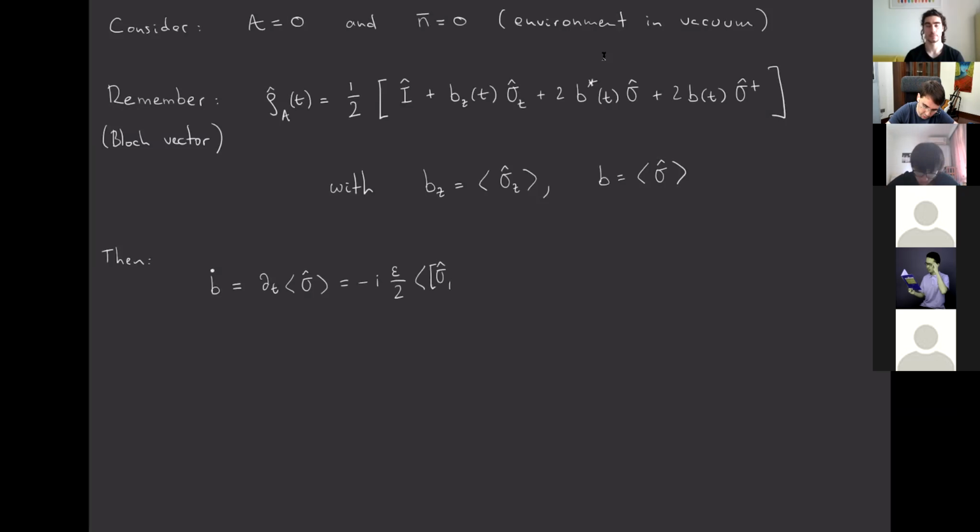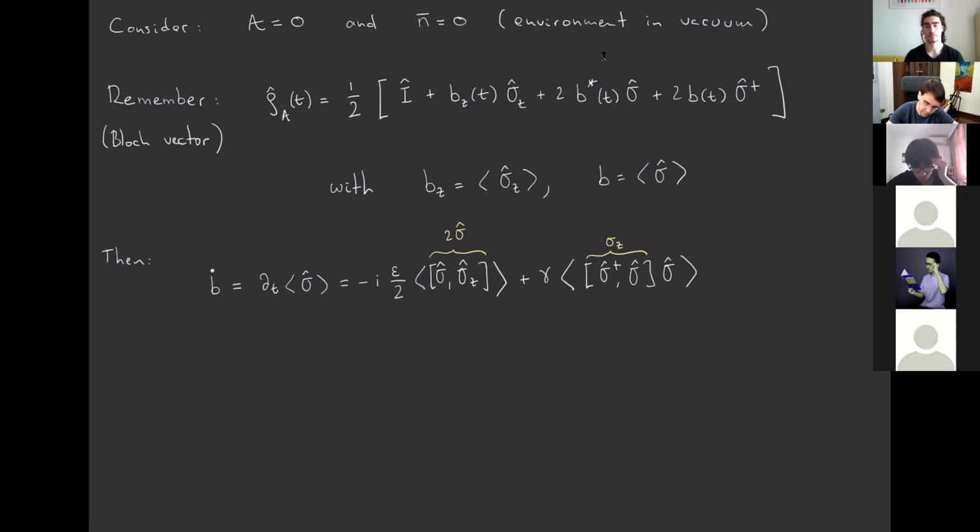You have the commutator between sigma and sigma z, that's the Hamiltonian, and then the part corresponding to the jump operator sigma, in particular only the term with jump operator dagger, operator, and then jump operator. Now, this commutation relation, if you remember, or you can check it again, is just 2 sigma. And this commutator here is a sigma z.